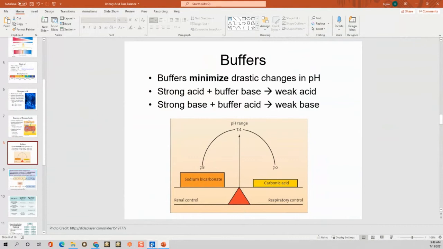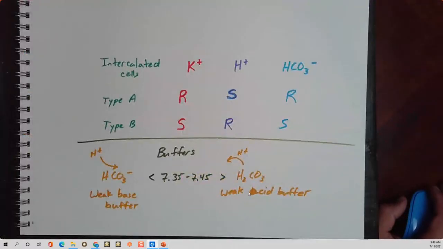Now, the last part of this, and I'm actually going to go ahead and go to this table for this idea, is what organ system of our body controls carbonic acid, and how much carbonic acid is in the system.